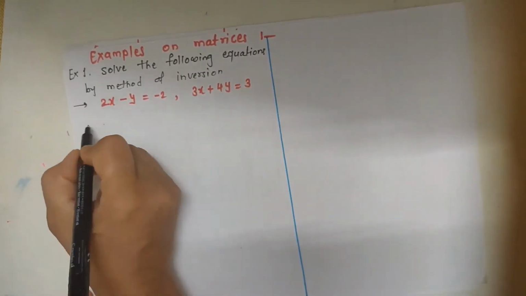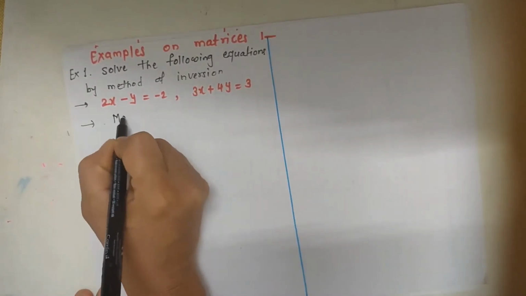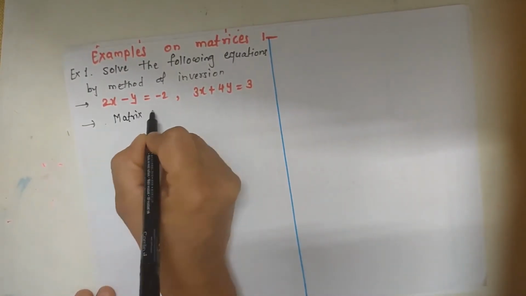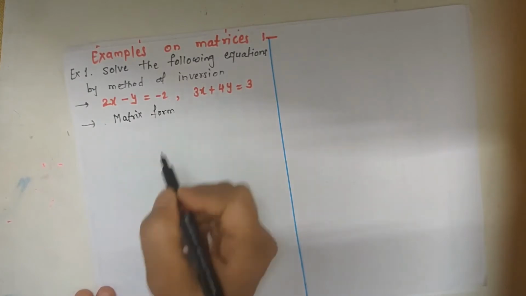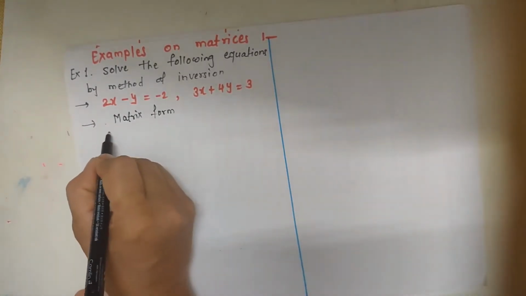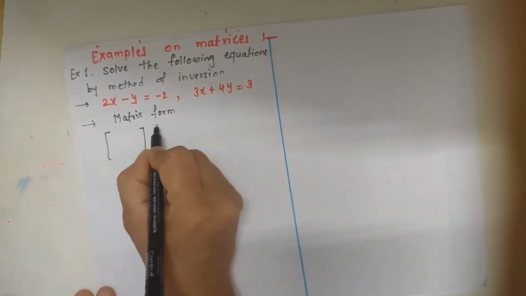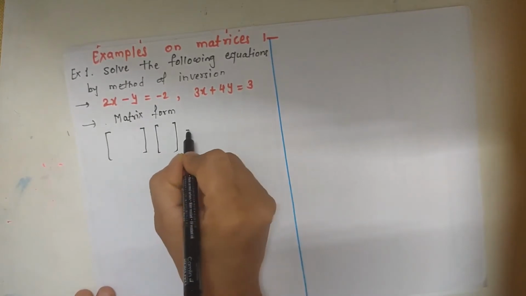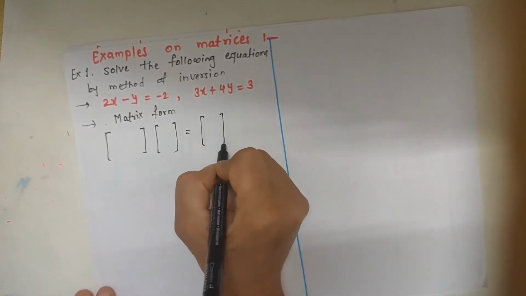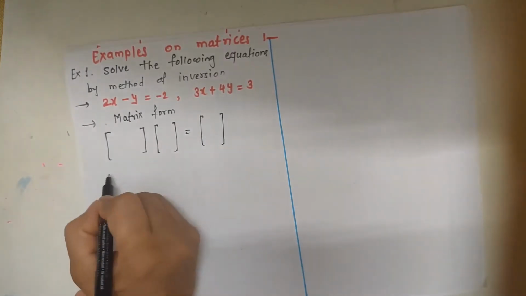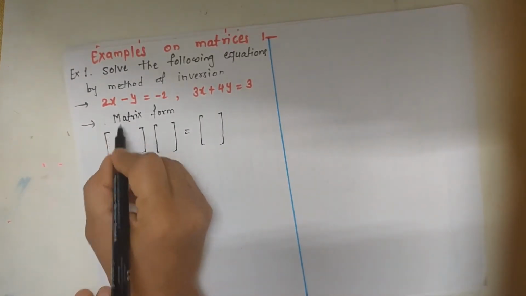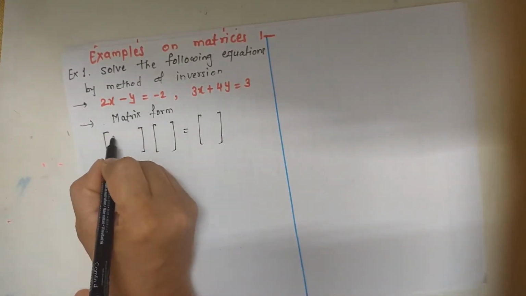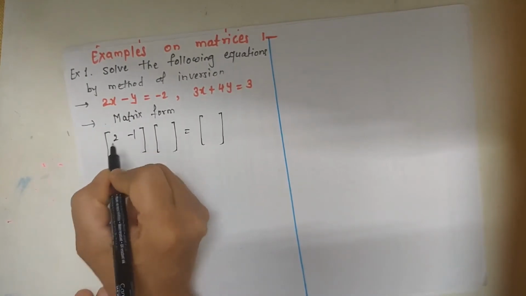So first write the matrix form of this equation. The matrix form of this equation is A into X is equal to B. A is the coefficient matrix, X is the variable matrix, and B is the constant matrix. The coefficient matrix: the first row is the coefficients of the first equation, 2, minus 1.